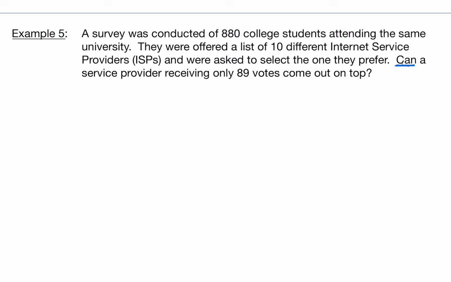Well, how do we figure this out? We have 880 students filling out a survey of 10 different ISPs, right? So if we divided all 880 by 10, that works out to 88. So all 880 college students could equally cast their vote to 10 separate ISPs.